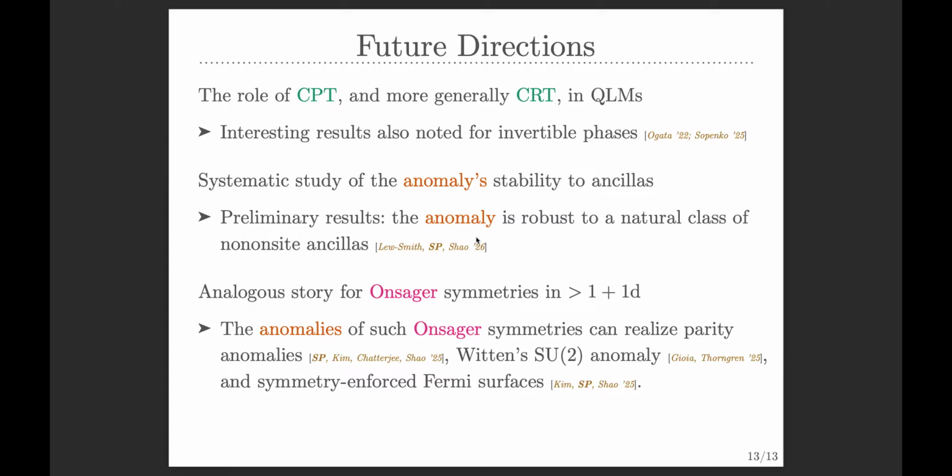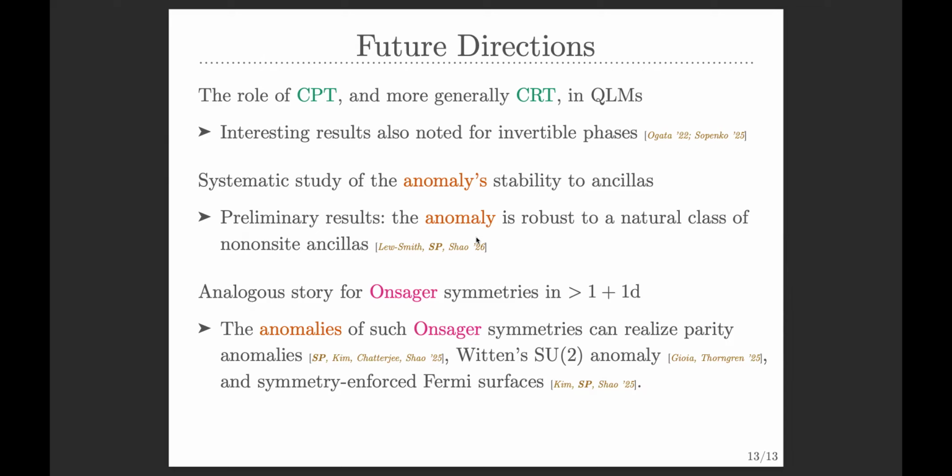But it really calls for a more systematic investigation of how ancillas affect this. What makes it so tricky is that the Onsager symmetry group is an infinite dimensional group. There are no on-site symmetry operators with finite dimensional Hilbert space for that, and the way we normally think about ancillas is by using on-site ancillas that are finite dimensional. So I think this really calls for a generalization of how we think about ancillas.